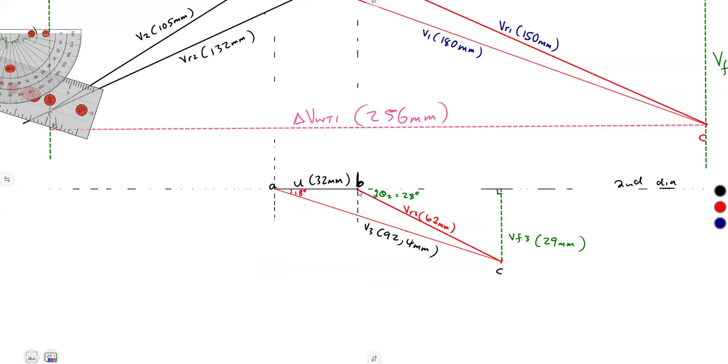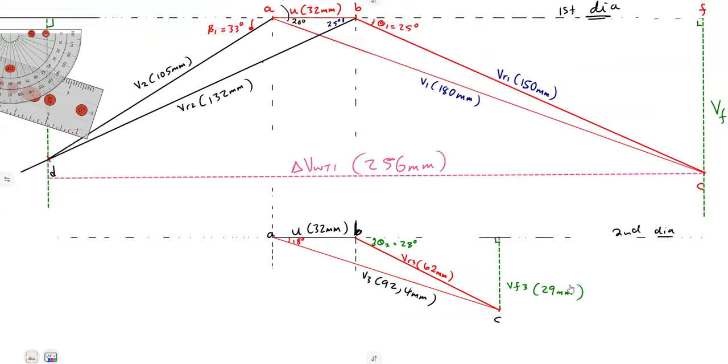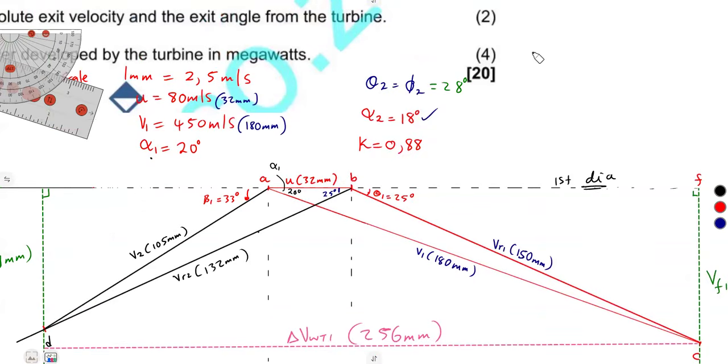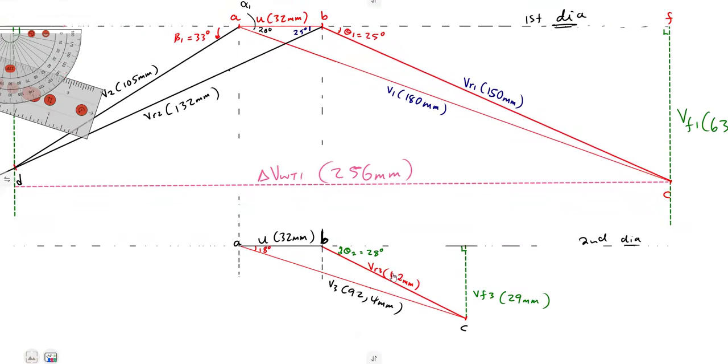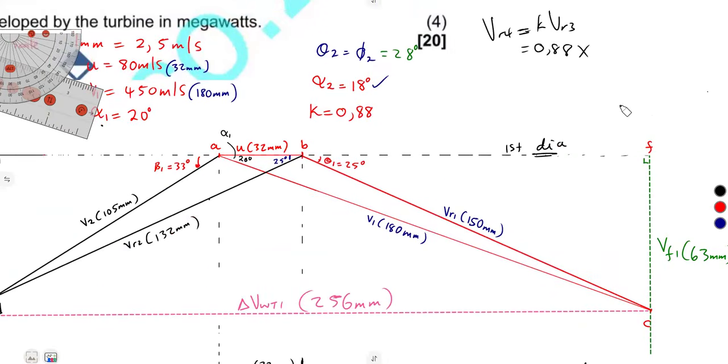So let's have 28 degrees along with VR4. We need VR4 from VR3. So VR4 equals K times VR3, where our K is 0.88 and our VR3, remember, is 62 millimeters.